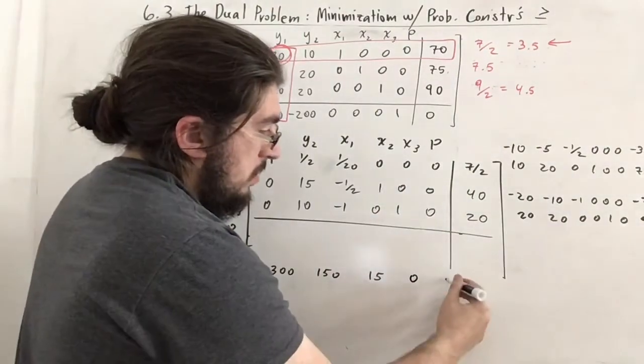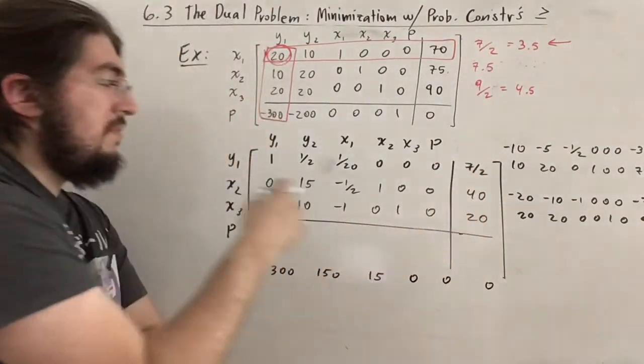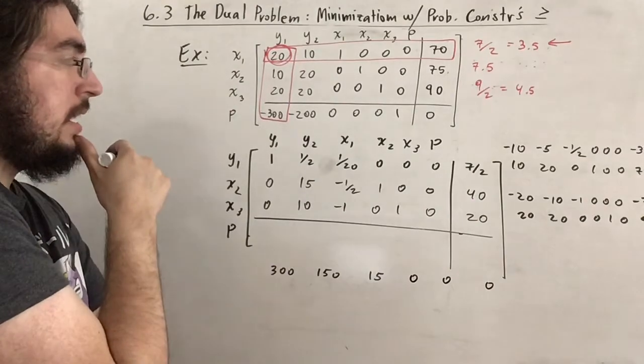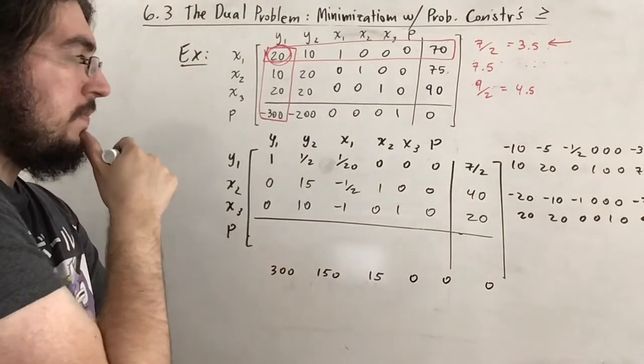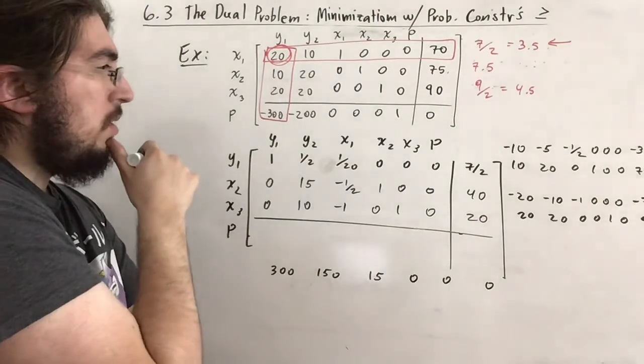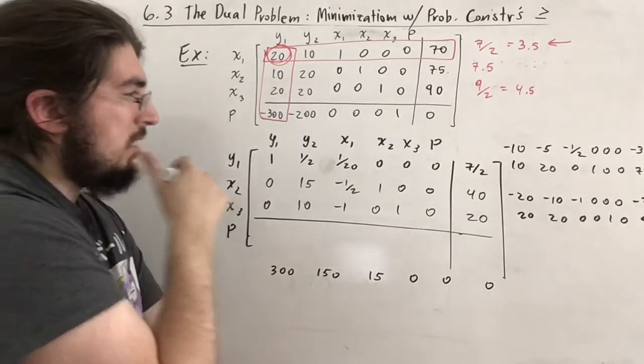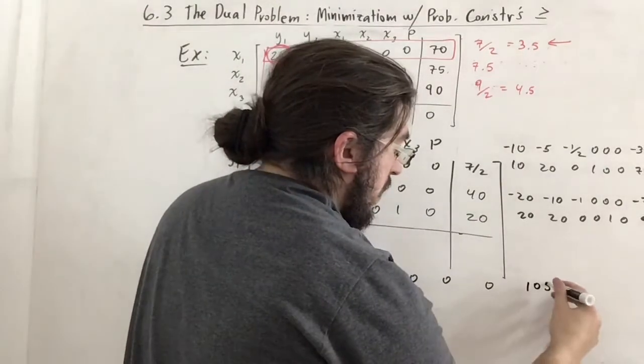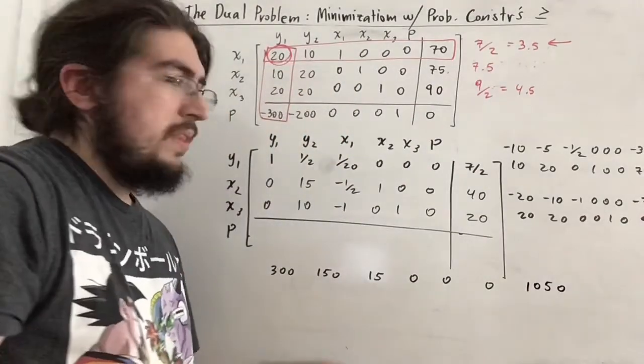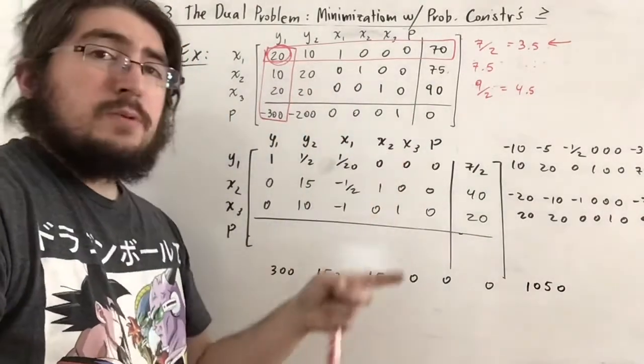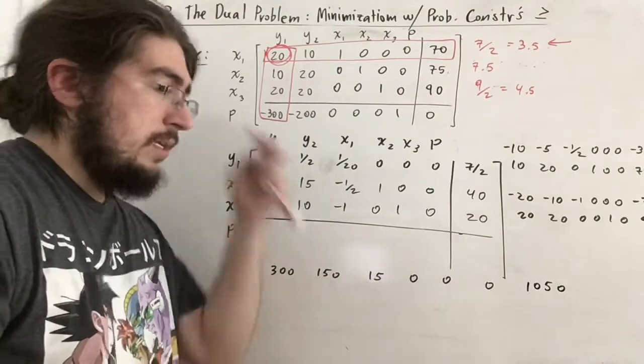Our 3 zeros. 7 halves times 3. Let me see. So that's going to be, I guess that'll just be 1050. You could do the math on that, but yeah, I'm getting 7 times 300 is 2100 divided by 2 is 1050.